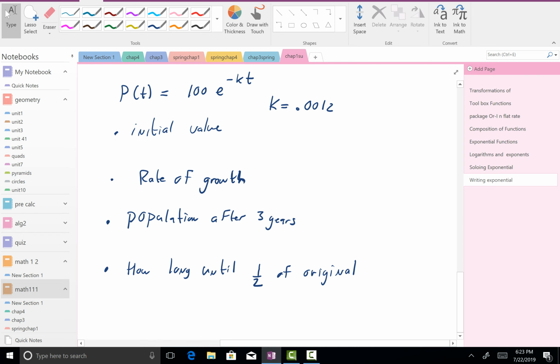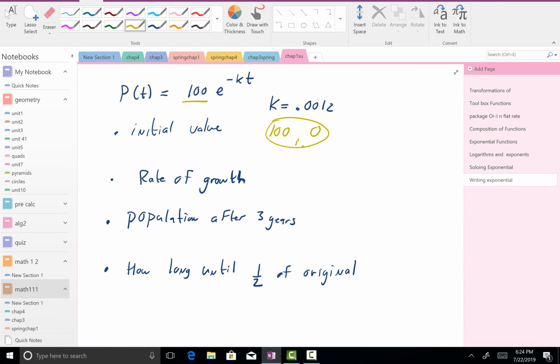So what's our initial value in this case? What do we got? 100. Yeah, good. Okay, 100, right there. Nothing changes. That's always the initial value. Now we want to find that rate of growth again. We have, not the way you probably would write it, 100 at 0 years.